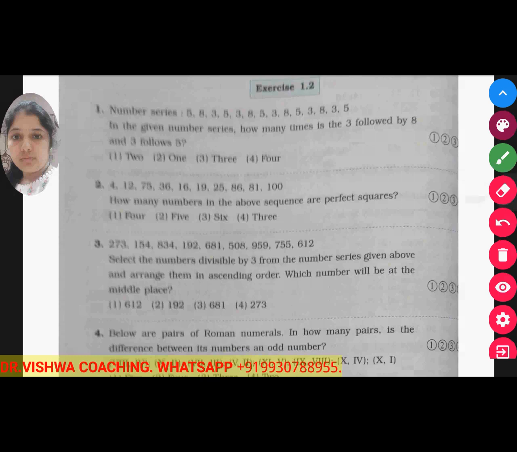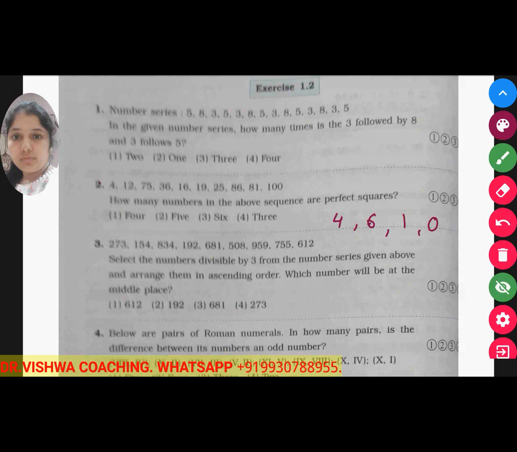Okay, now 4, 12, 75, 36, 16, 19, 25, 86, 81, 100. How many numbers in the above sequence are perfect squares? Now see, perfect squares are the squares of numbers, and they have 4, 6, 1 or 0 at the unit place.